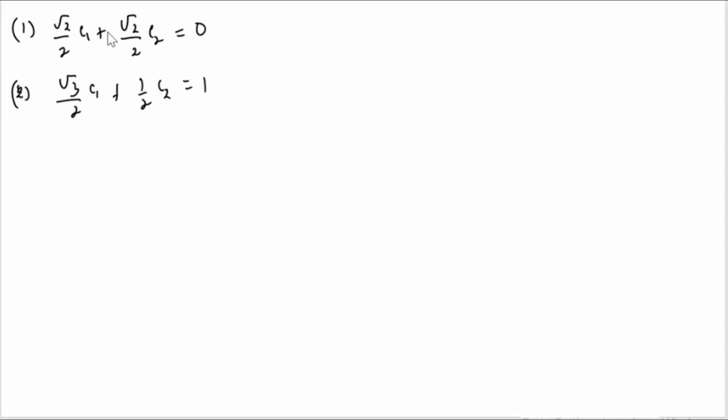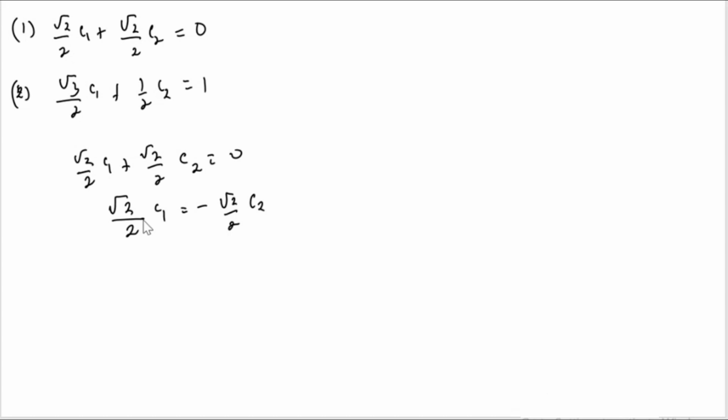Starting with square root of 2 over 2 of c sub 1 plus square root of 2 over 2 of c sub 2 equals 0, if I transpose the other term, we have square root of 2 over 2 of c sub 1 equal to the negative square root of 2 over 2 of c sub 2.